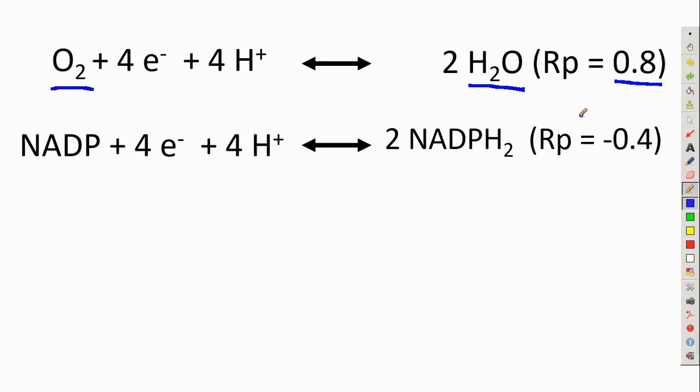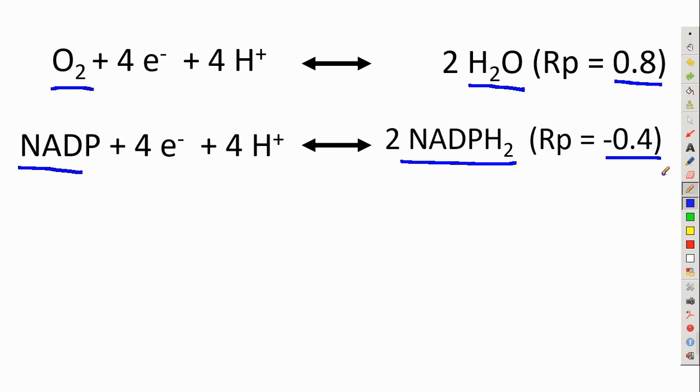Okay, so for the couple H2O, water and oxygen, their reduction potential is 0.8. Whereas NADP, NADPH2, their reduction potential is minus 0.4.